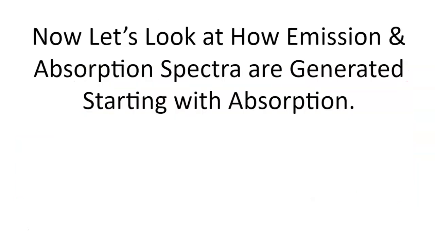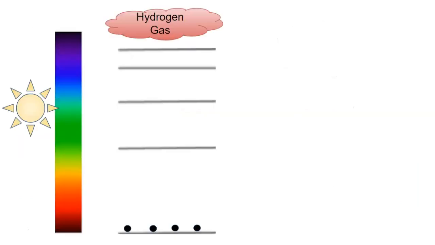Now let's look at emission and absorption spectrum, starting with absorption. So if you have an atom and it has electrons in the atom, and you shine light such that the electrons absorb that light, the electrons can jump to a transition that again corresponds to the energy of light they absorbed. So let's say violet light will move the electron up to the 5th level. Because the electron absorbed that light, it's no longer in that continuous spectrum.